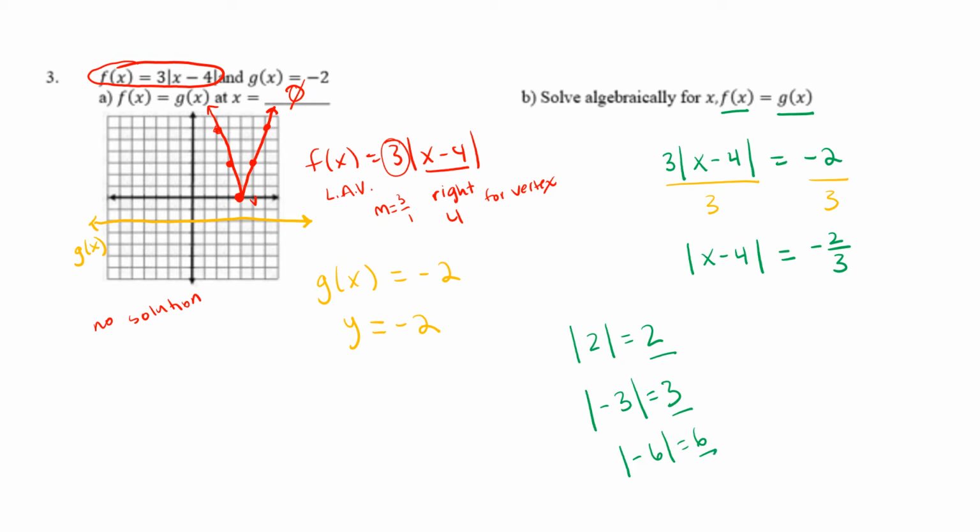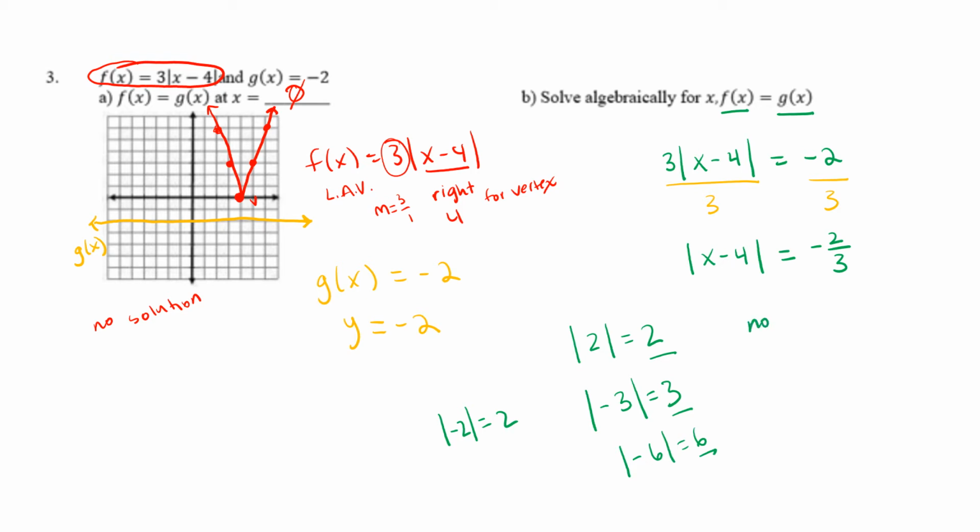There's no case ever where we can take an absolute value, when it's isolated, and get a negative number. There's no way we can take an absolute value of a number and get something negative on the other side, telling us that there's absolutely no solution to this problem.